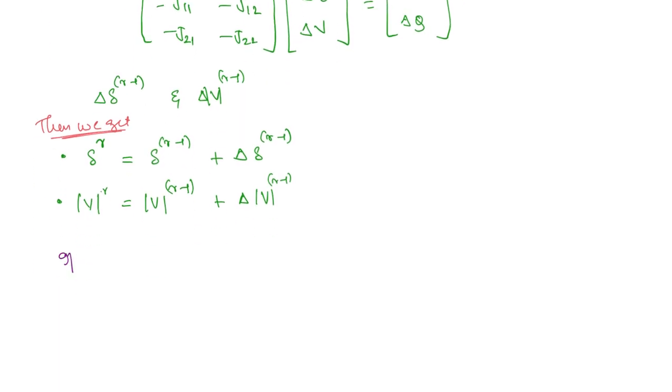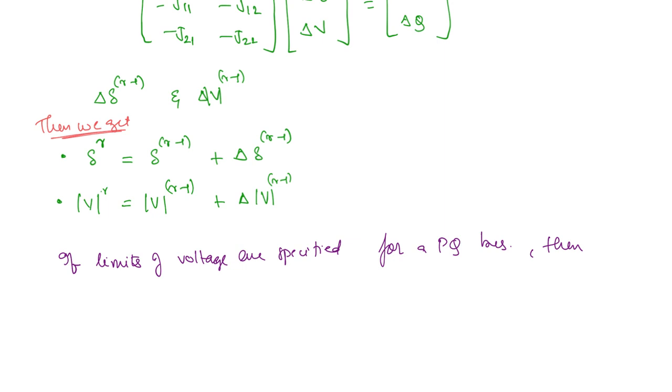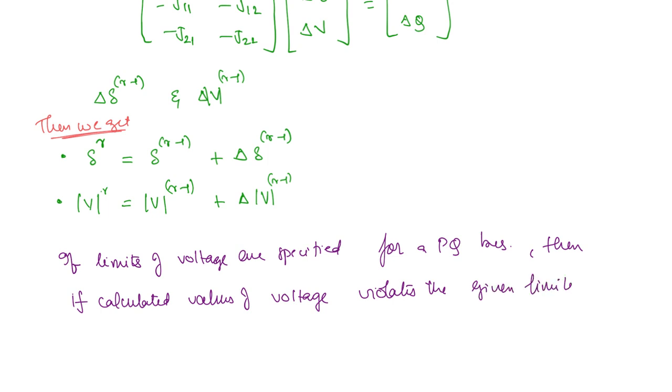If limits of voltage are specified for a PQ bus, then if calculated values of voltage violate the given limits, what are we going to do?